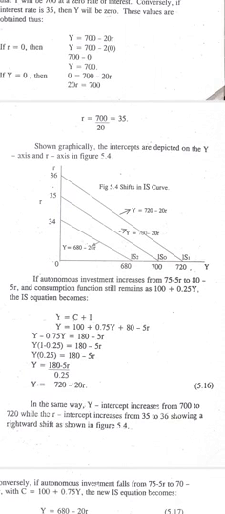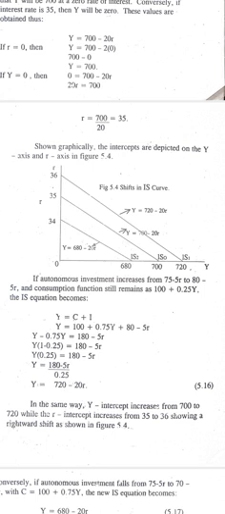And when you see it in the interpretation, graphically shown, the intercepts are depicted in Y. Y is the income axis, R is the interest rate axis here. So if autonomous investment increases to this, consumption will remain at this.